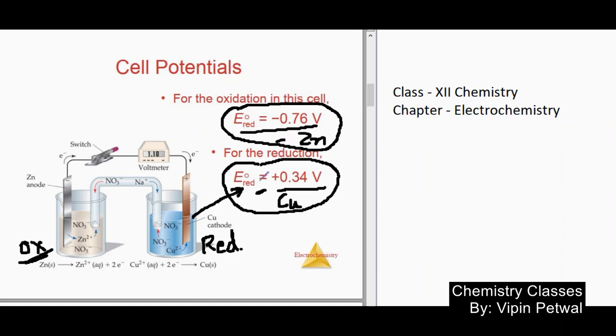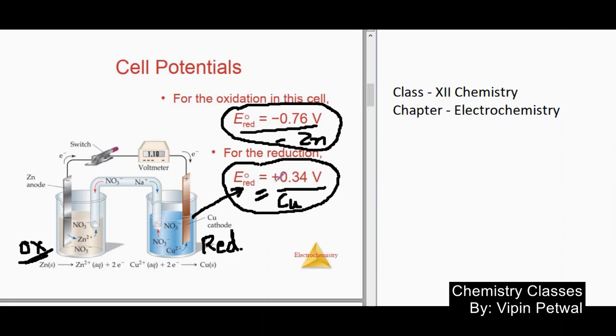Okay, so the difference between these two is called the standard cell potential. Okay, if these half cell potentials are measured at standard condition, then the difference between these two is called the standard cell potential.